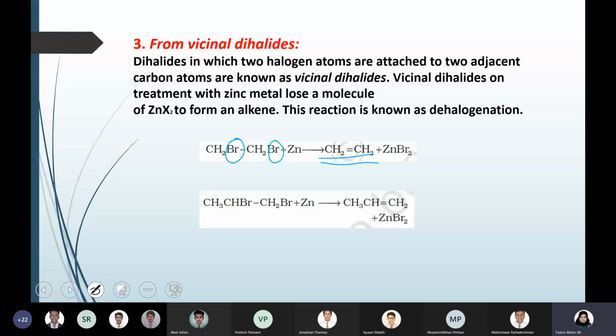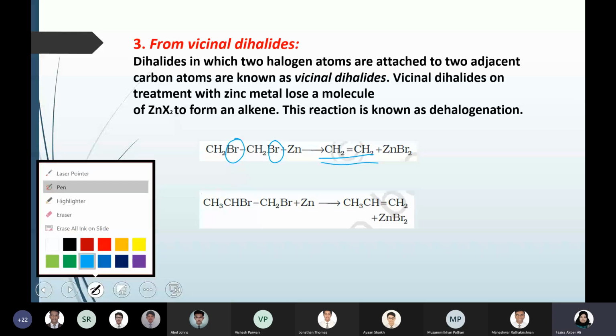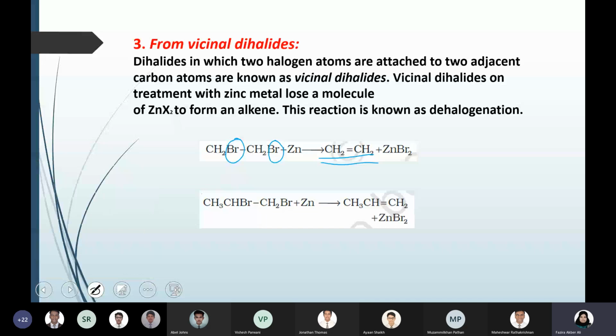Here basically what happens is to the carbon chain. When you do an elimination reaction, the carbon chain will have multiple bond formation. If you take the next example, as you can see over here, bromine, on treatment with zinc, these two bromine atoms will be removed and a double bond is created between the carbon atoms.